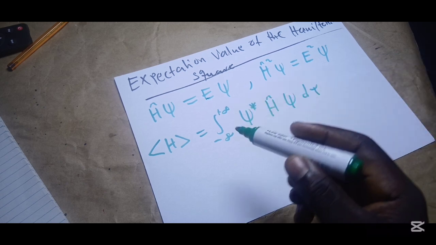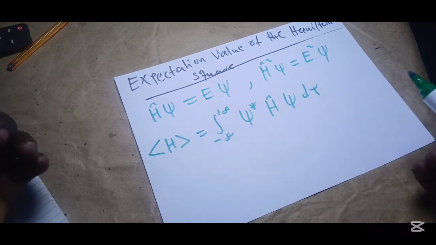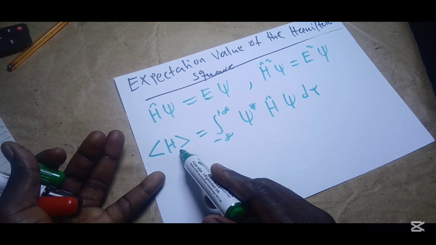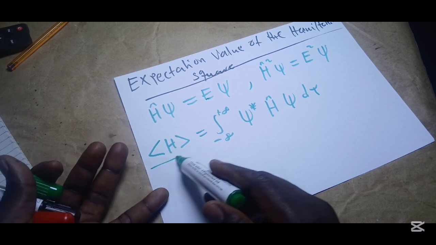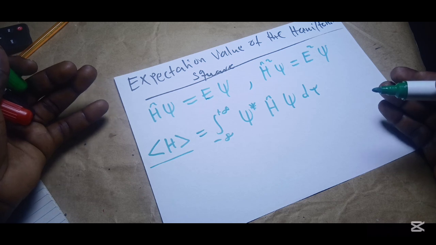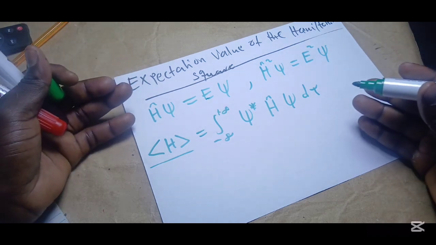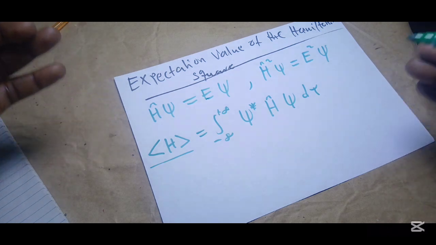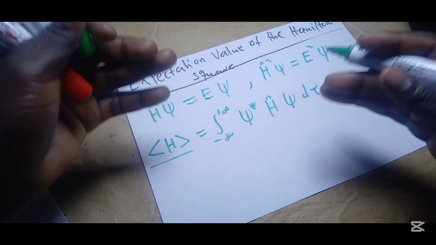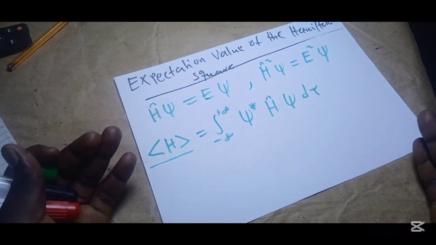The Hamiltonian operator represents the total energy of a system. So the expectation value of the Hamiltonian operator simply means, if you have a quantum system and you are to measure the total energy of the system, you continue with the experiment. You measure the energy of the system repeatedly, let's say 3 times, 7 times, 10 times.